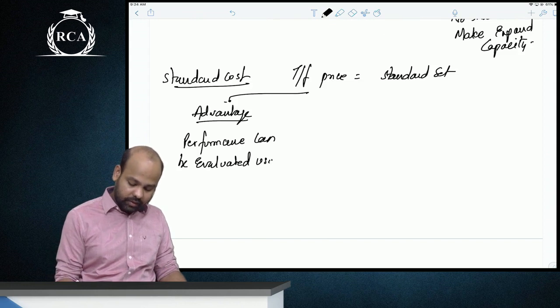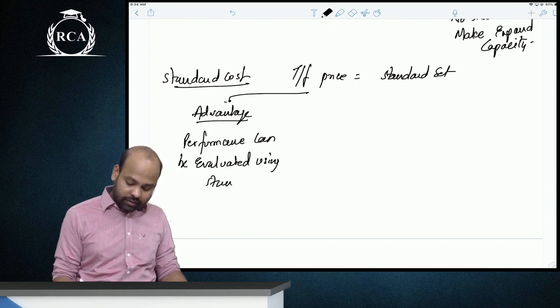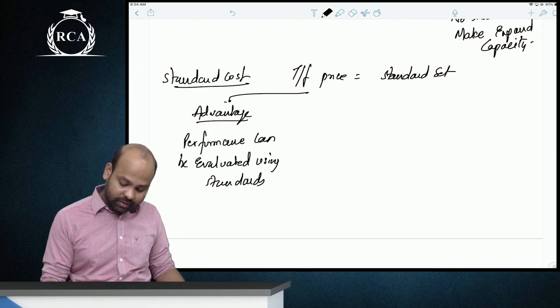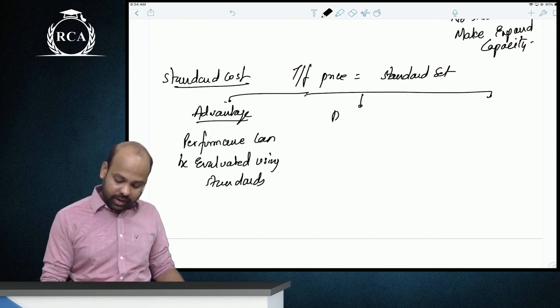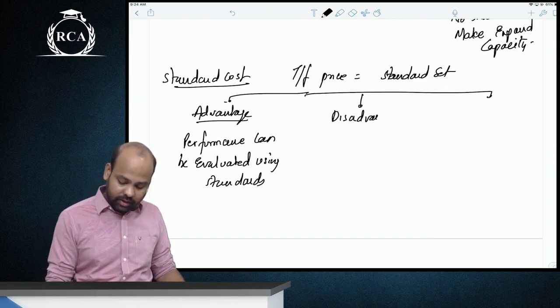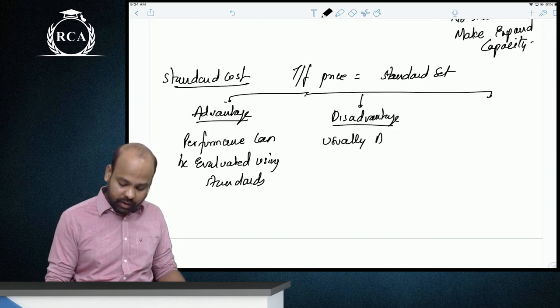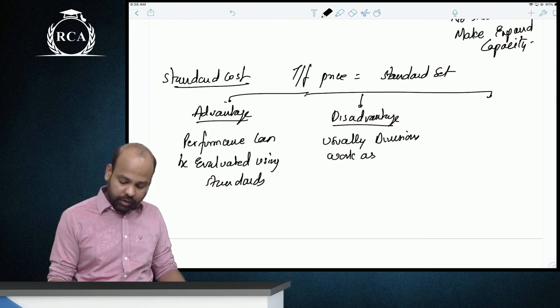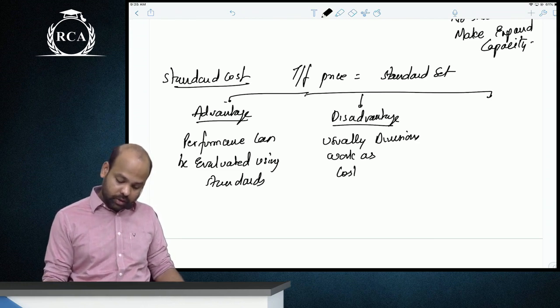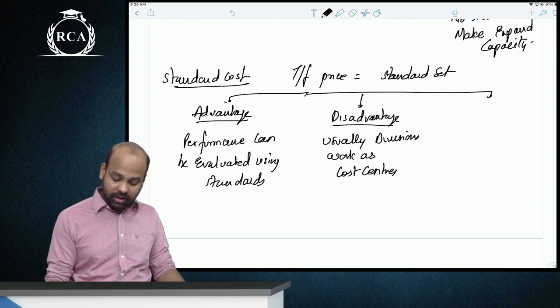You can always evaluate the performance using standards. Disadvantage as such, beta, guys, is that usually divisions work as cost centers only. There is no profit that accrues to them as such, guys.